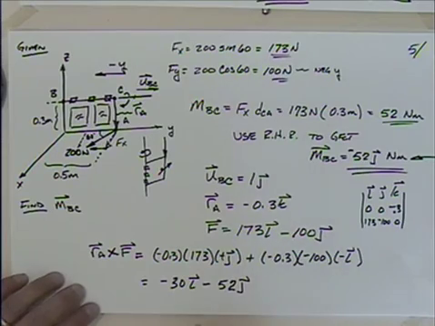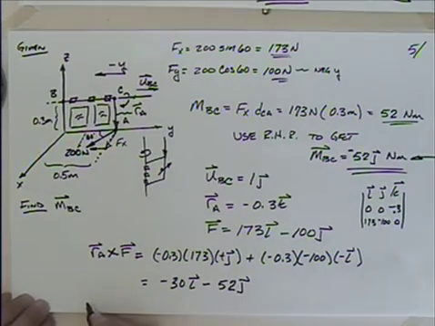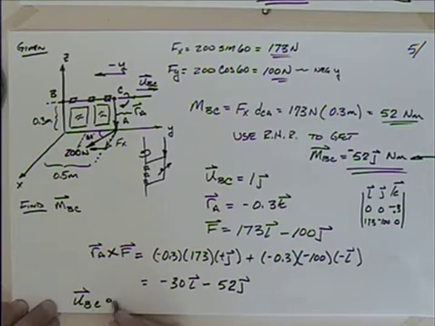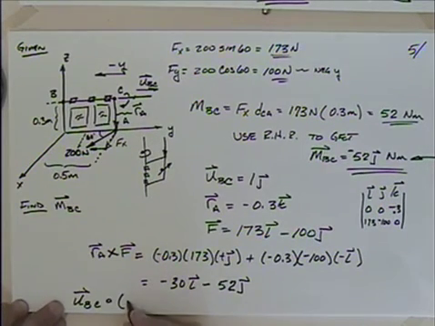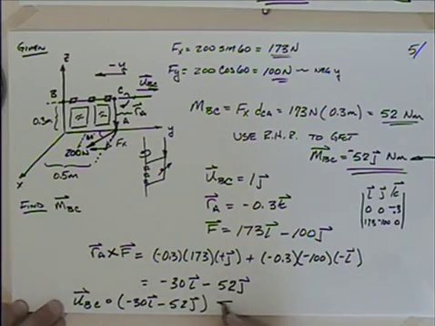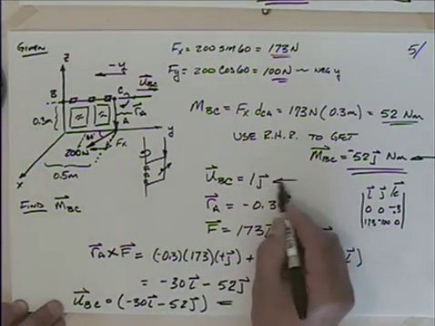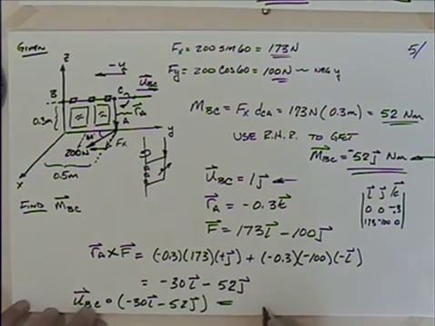So now what I'm going to do with this thing is I'm going to take this, I've got I think just enough room here, and say the unit vector for BC dotted with this thing, minus 30 in the I, minus 52 in the J, gives me what? Well, there's your unit vector right there. It just says to take the j term, essentially.